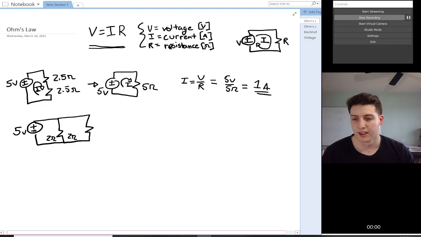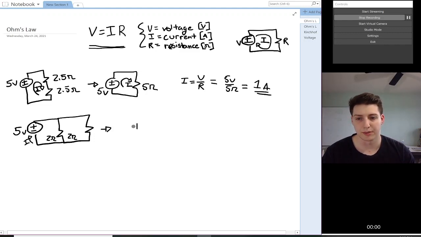Now with the second circuit, well, we have current that will come out of the positive side of the battery. We'll go through this left-hand side 2 ohm resistor, and then it will also go through this right-hand side 2 ohm resistor. So we can't make a total I for the whole circuit right now, but we can make an I that represents current going from the battery to everything.